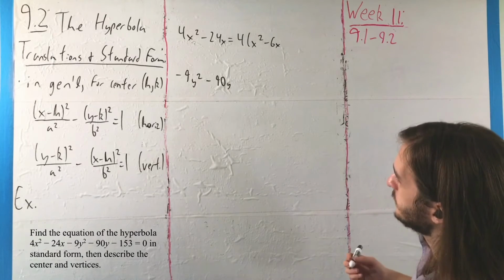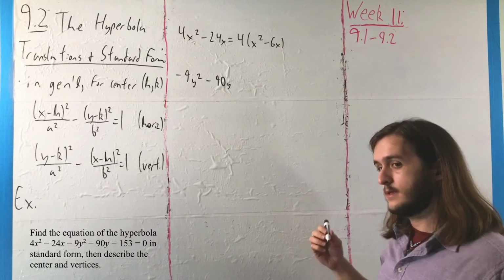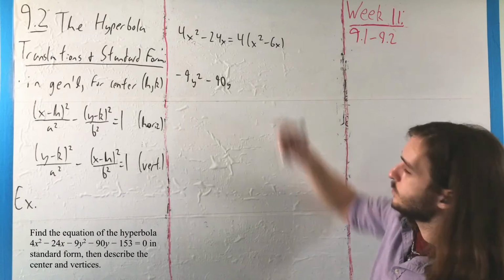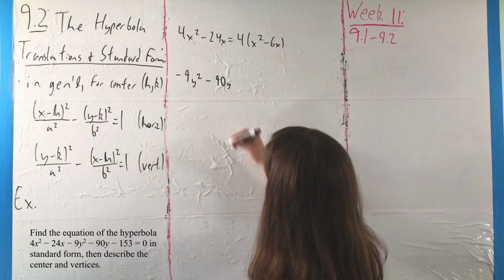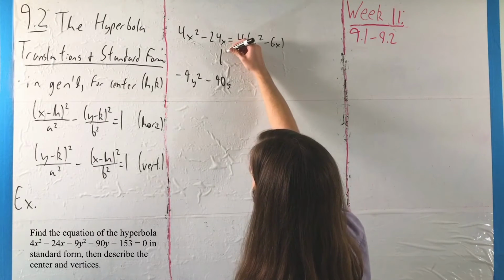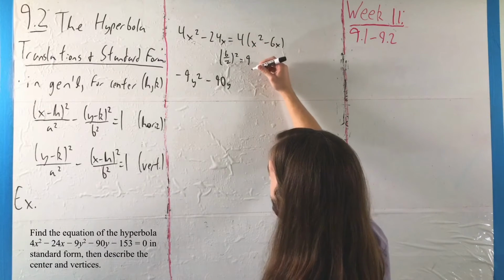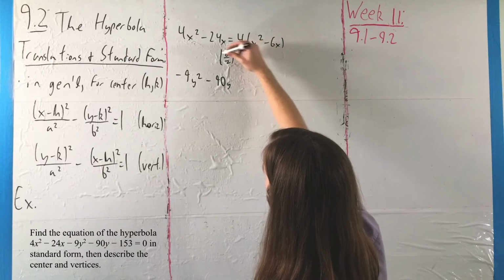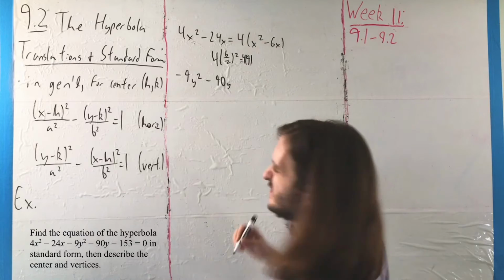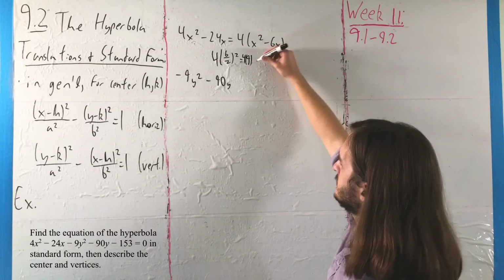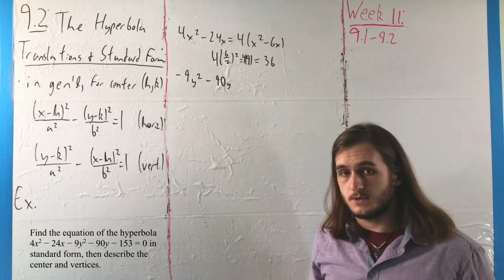And from here, we can recognize that if we want to complete the square with that, we're going to need 1/2 of 6 squared. That is, we need a 6 over 2 squared, or, if you prefer, a 9. But, because we pulled out a 4, we're also going to need a 4 with that. So we're going to need to be doing something that adds 36 to both sides.